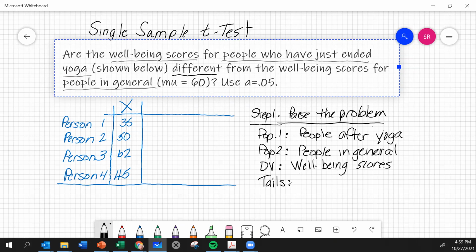And in this case, we can see the word different, which indicates a two-tailed test. And of course, the two tails refer to the tails of the distribution. So we're looking to see whether our sample score is in either tail of the distribution. We will have a significant difference if it is up here or if it is down here. That's what we're looking for.